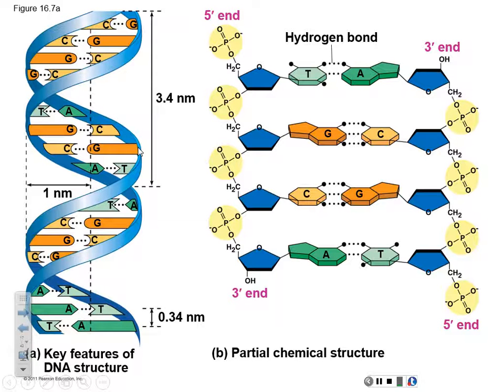So a purine paired up with a pyrimidine, from nitrogenous base to nitrogenous base, is 1 nanometer. So they had a pretty good feel for that one right out of the gate. G's base pair with C's. So the 1 nanometer wasn't too hard for them to figure out. The 0.34 nanometers wasn't too hard either.